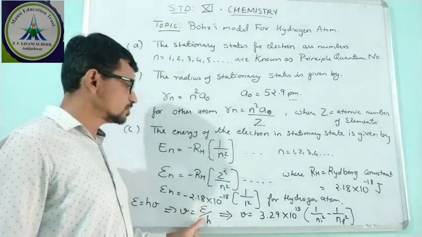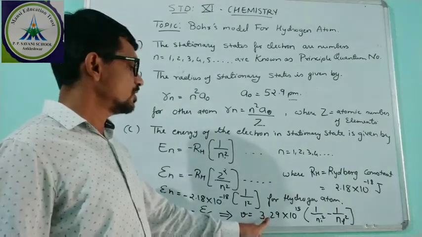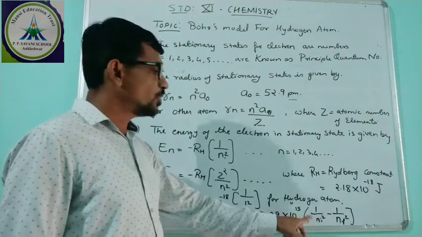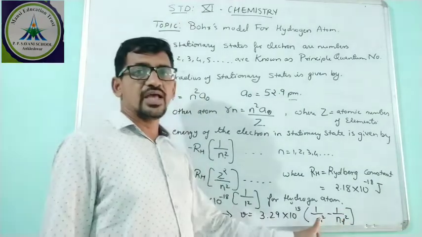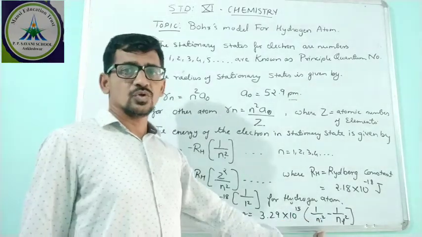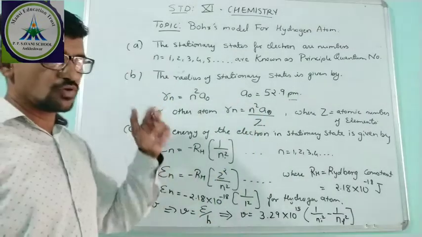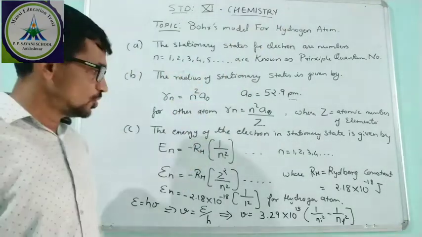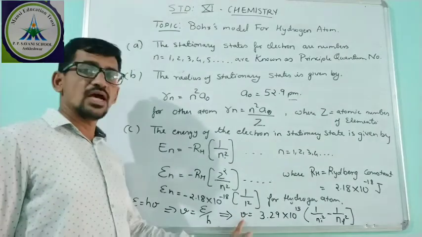If you put in the values, then nu, that is frequency, is equal to 3.29 multiplied by 10 raised to 15 into bracket 1 upon Ni square minus 1 upon Nf square. Ni and Nf are the initial and final states of the orbit. Its value may be higher or lower, as the electron goes from one orbit to a higher orbit, or from a higher orbit to a lower orbit. So absorption and emission frequency can be calculated with the help of this equation.